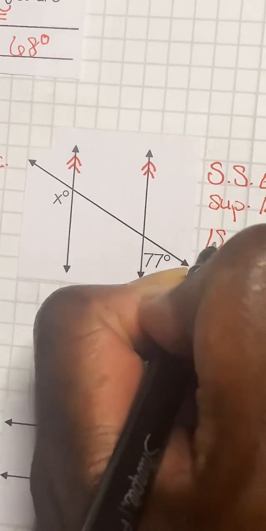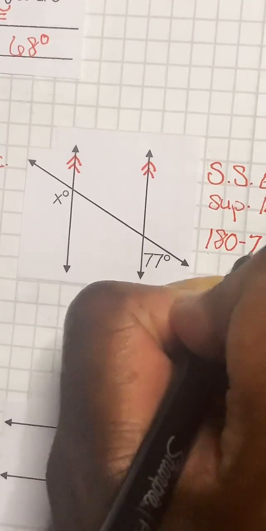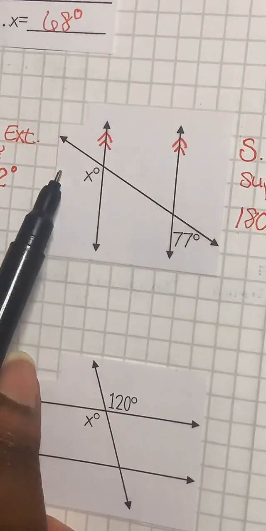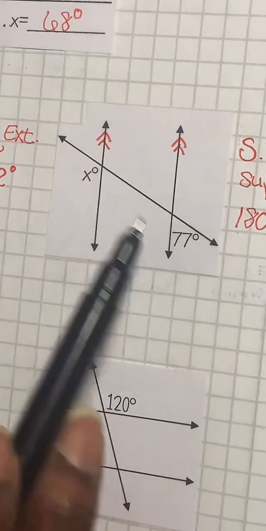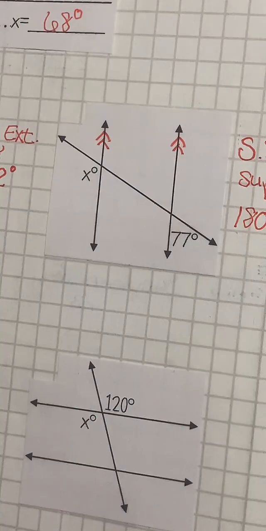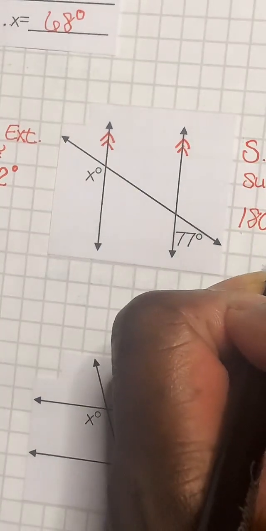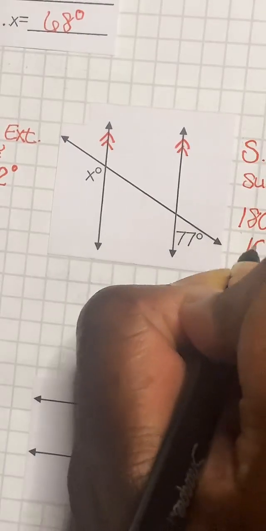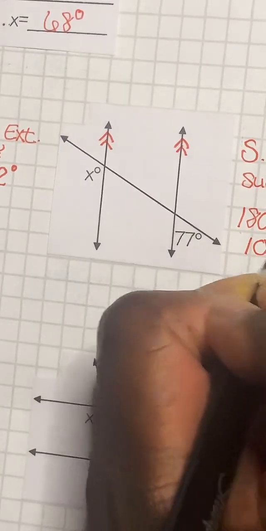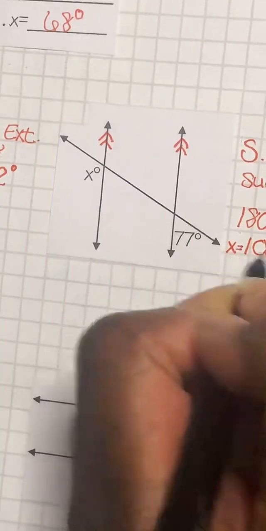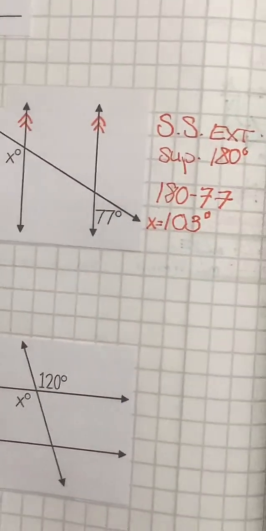So that means we have 180 degrees minus that 77. Because if they are supplementary, the sum of those two angles has to equal 180 degrees. So then we borrow the 7, so that gives us 103. So x is going to equal 103 degrees.